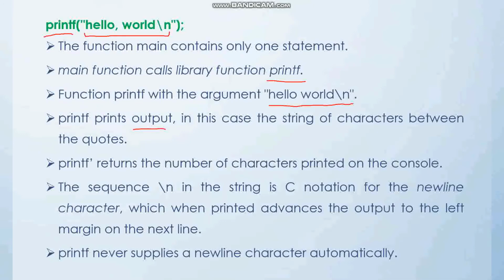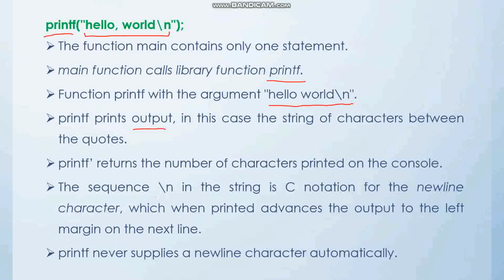It prints the output and then it returns a value, and that value is the number of characters. So in this example, how many characters are printed by printf? Calculate: hello is 5, then space makes 6, then world is 5 more, making 11. So 11 characters are printed on the console.